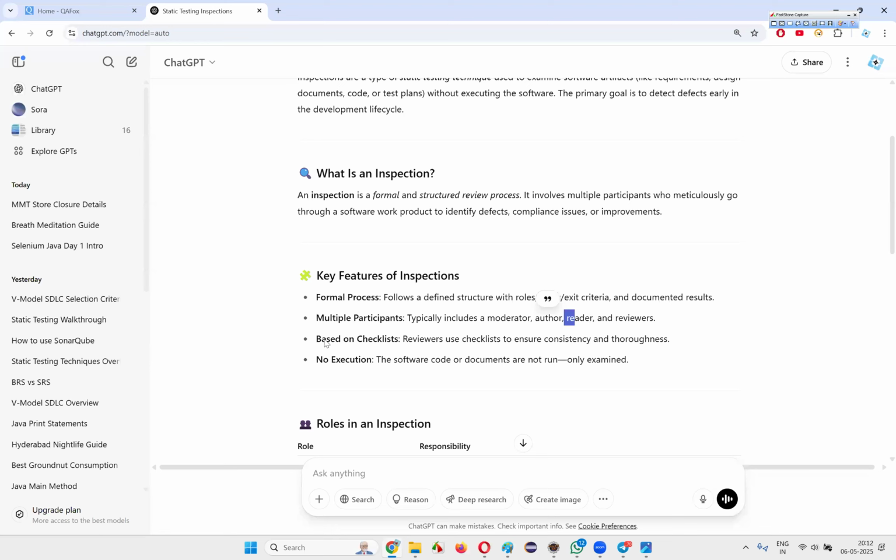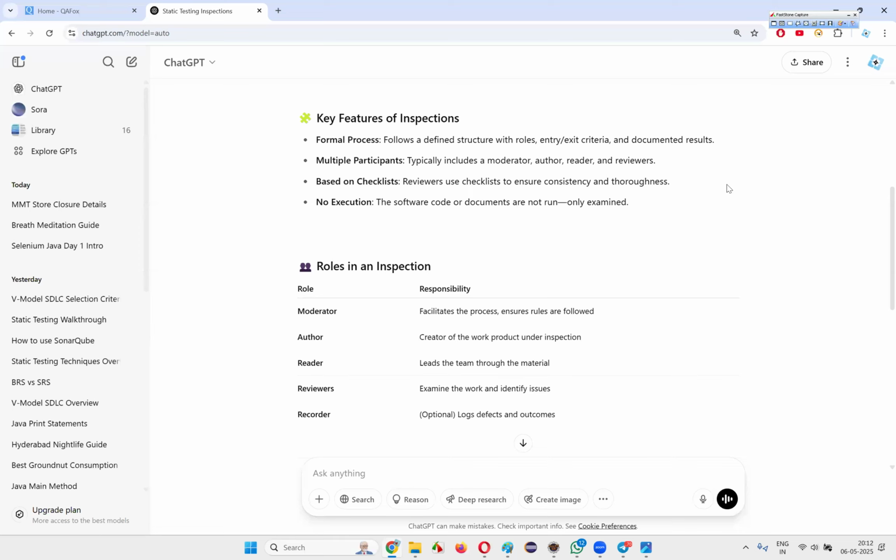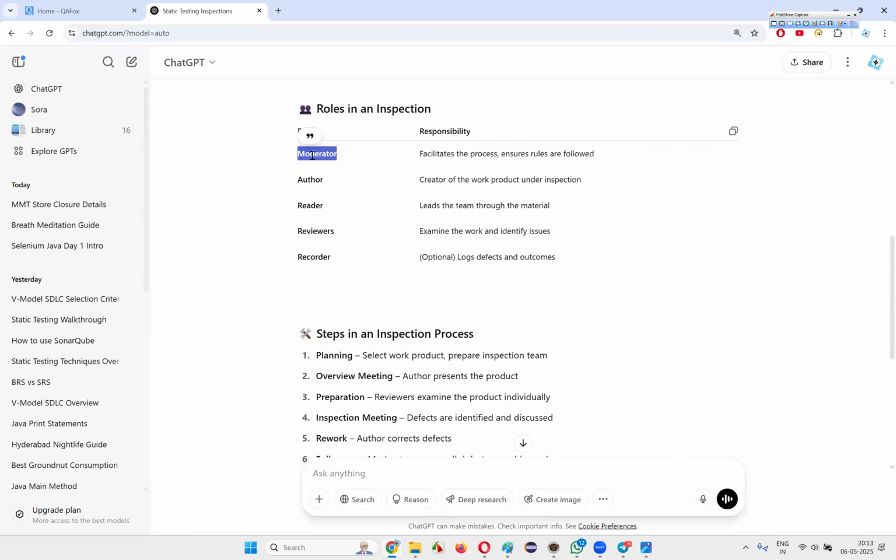Here are the different roles. Just write down these roles, guys, in the chat box. One of the roles in the inspection formal review process is the moderator. It is an important role.